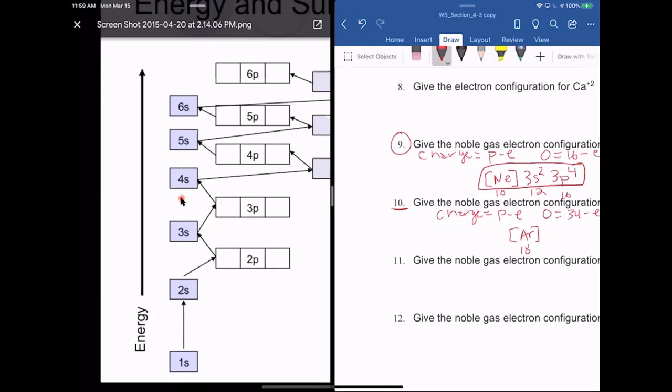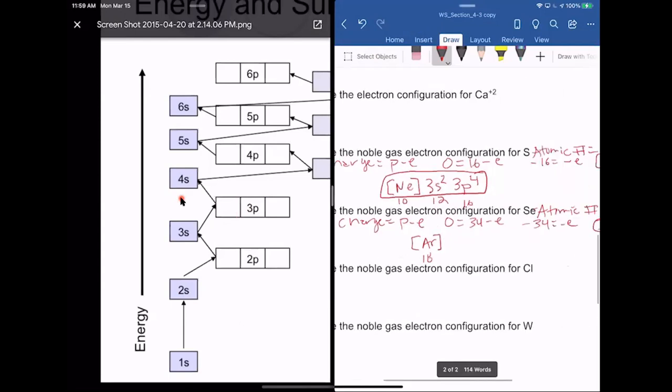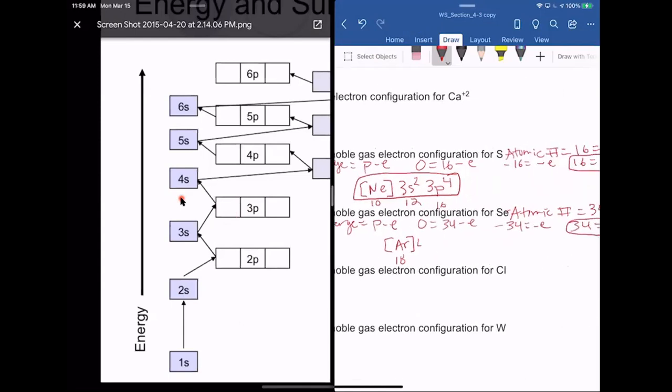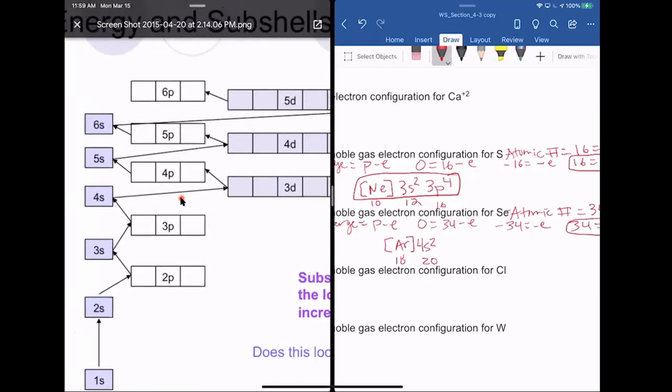4s, exactly. So after 3p is 4s. This would be 4s2. That would be 20. After 4s, we go straight into 3d, because 4s points right to 3d. And that would be 10. We need all 10.